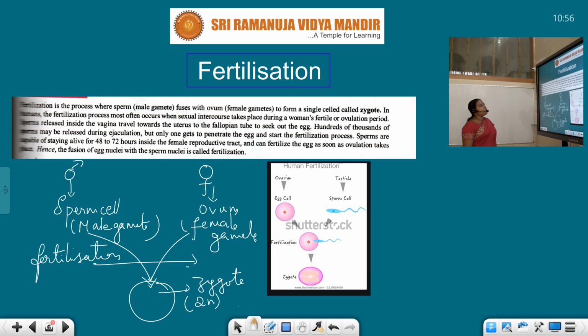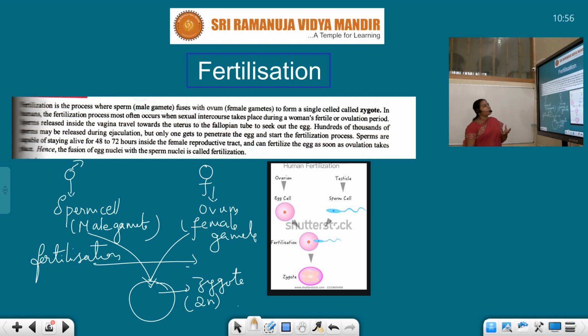In humans, the fertilization process most often occurs through sexual intercourse, taking place during the fertile and ovulation period. Sperms released inside the vagina travel towards the uterus and fallopian tube to seek out the egg.